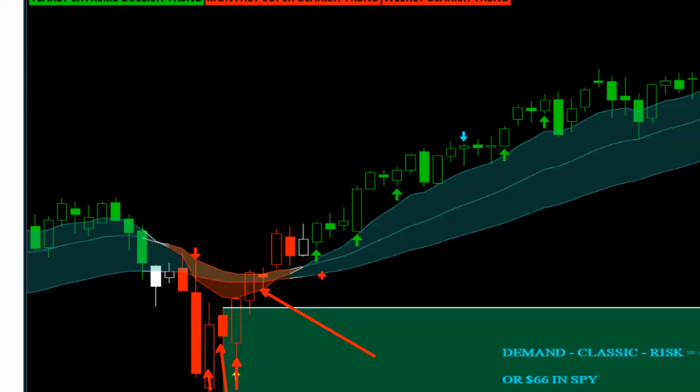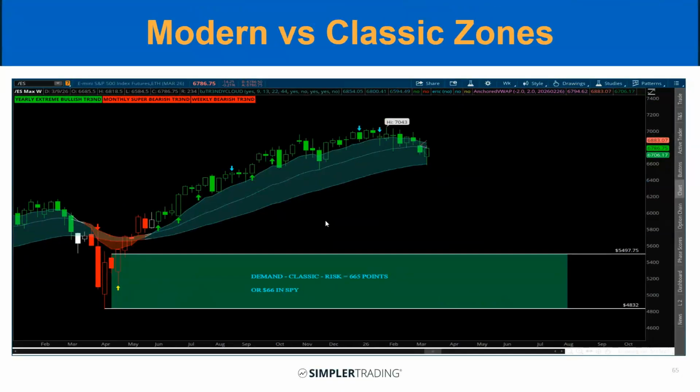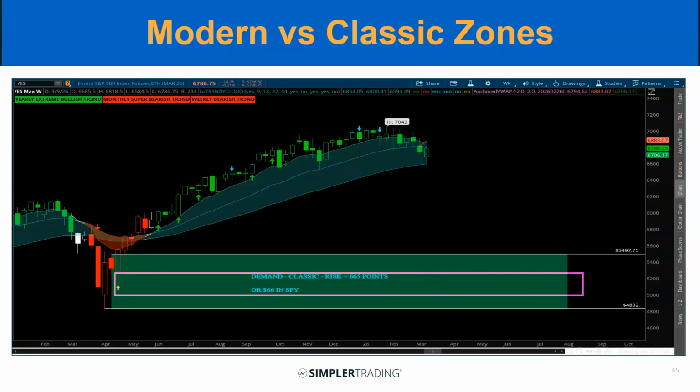But because I learned a valuable lesson over the last several years, the way I would draw it now will change, and John will show you what that's going to look like. Yes. So on this one, we would tuck underneath this candle here. Okay. And so your zone would actually be right under here and would come down into this area here.